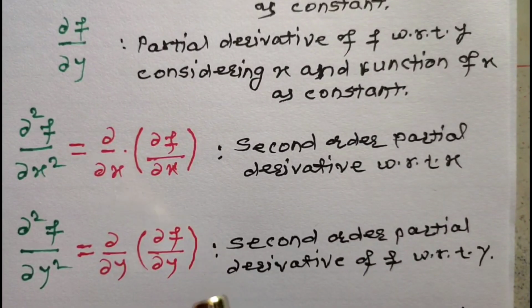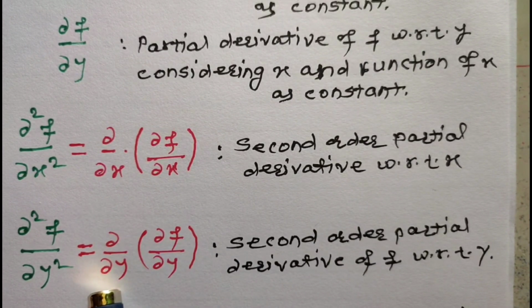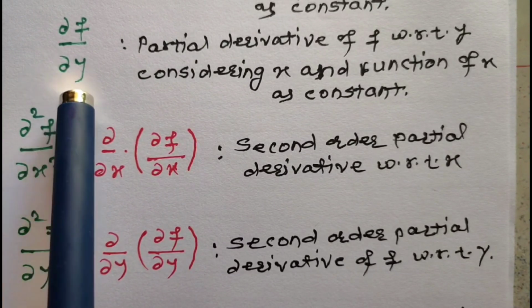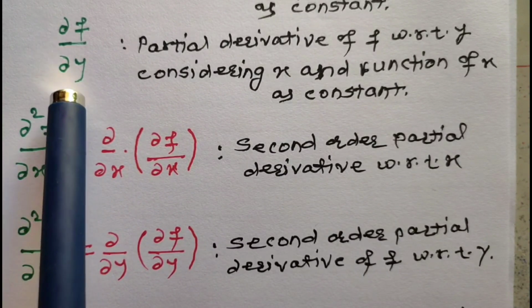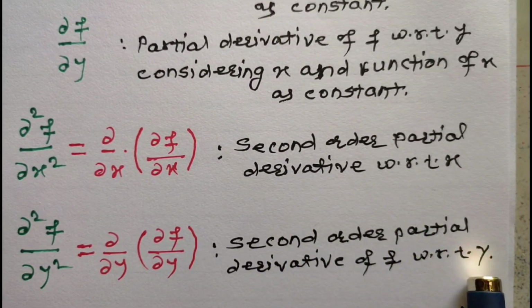Then dou 2f by dou y square is given by the partial derivative of dou f by dou y with respect to y. First find the partial derivative of f with respect to y and once again differentiate this with respect to y. That gives dou 2f by dou y square, the second order partial derivative of f with respect to y.